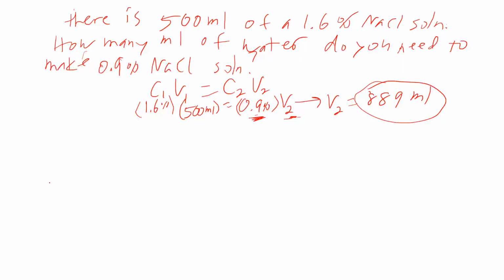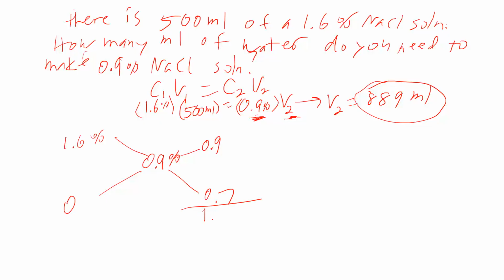So we have water, right? So we know water is 0. And then we know that the top part is 1.6%, and we know that the final is 0.9%. So the difference is 0.9, the difference over here is 0.7, the total is 1.6.